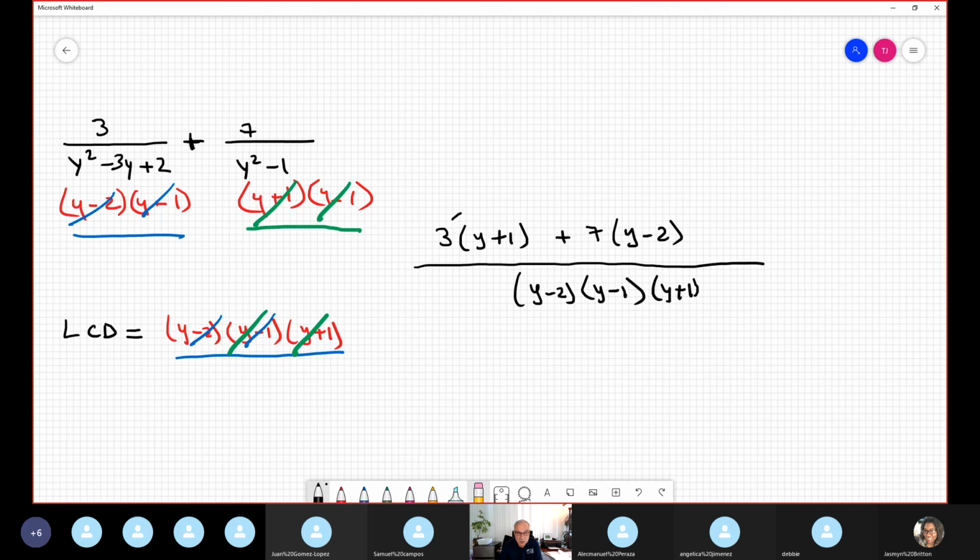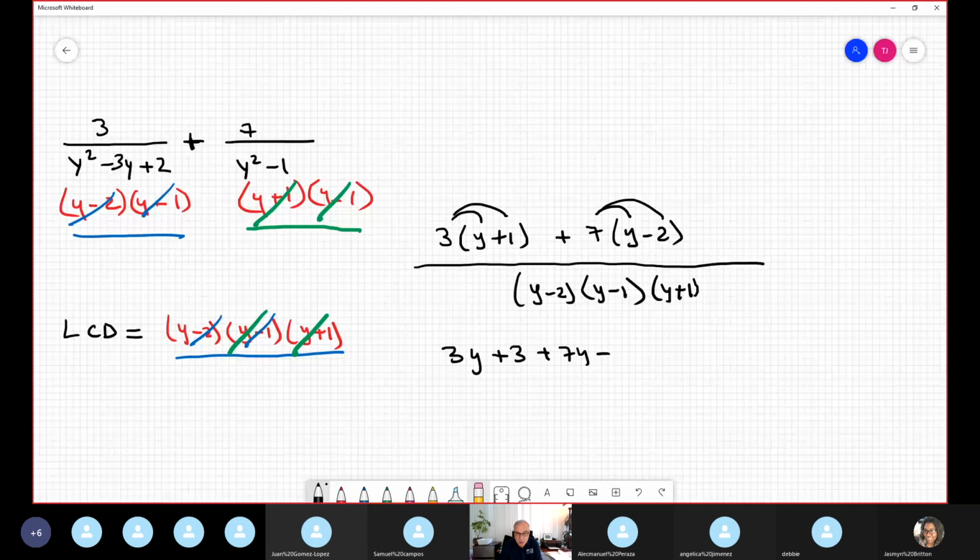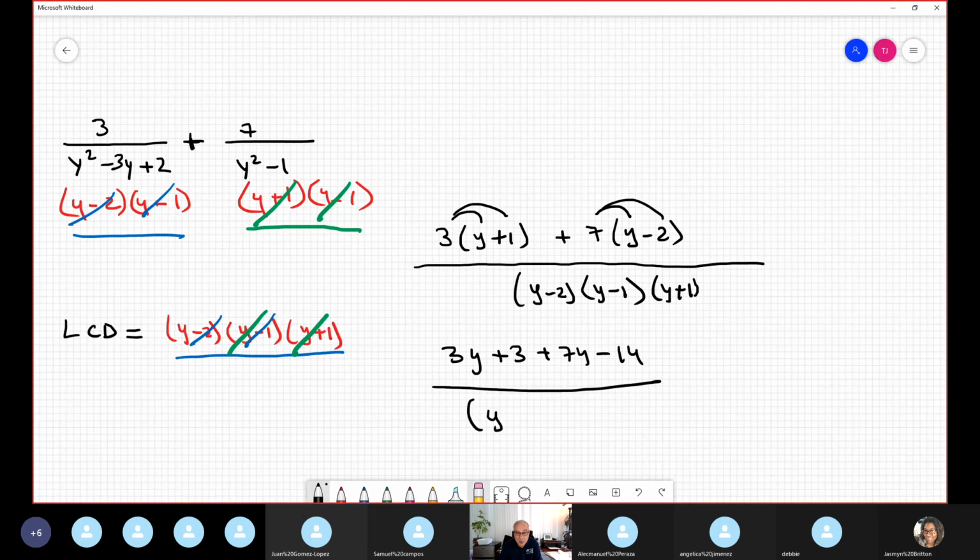Okay, let's use the distributive property here. 3y plus 3, plus 7y minus 14. Minus 14. Divided by y minus 2, y minus 1, y plus 1.